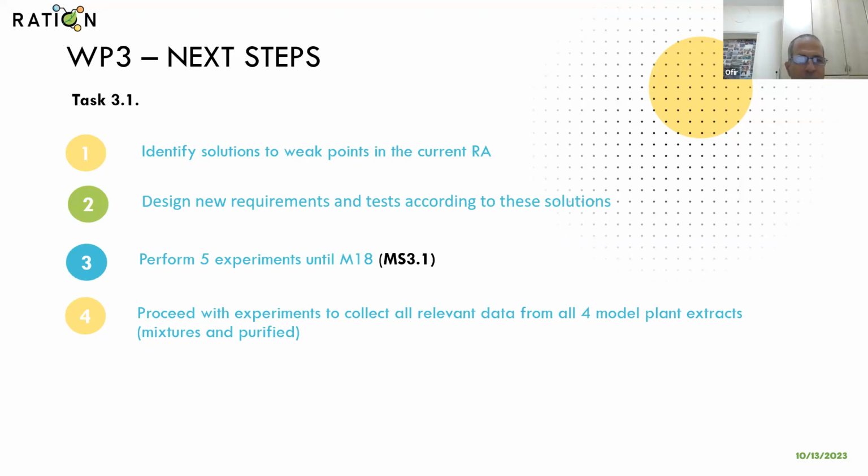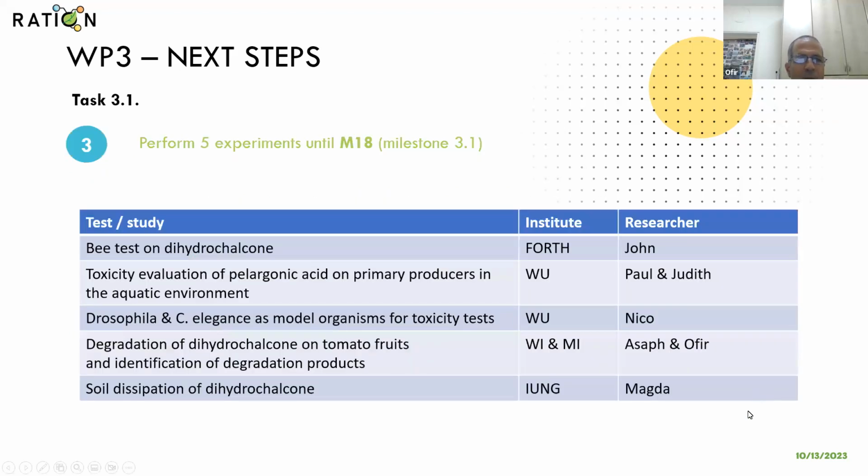Next, step number 3, perform 5 experiments until month 18. And next, step number 4, proceed with experiments to collect all relevant data from all 4 model plant extracts, mixture extracts, and purified extracts. Next slide, please.